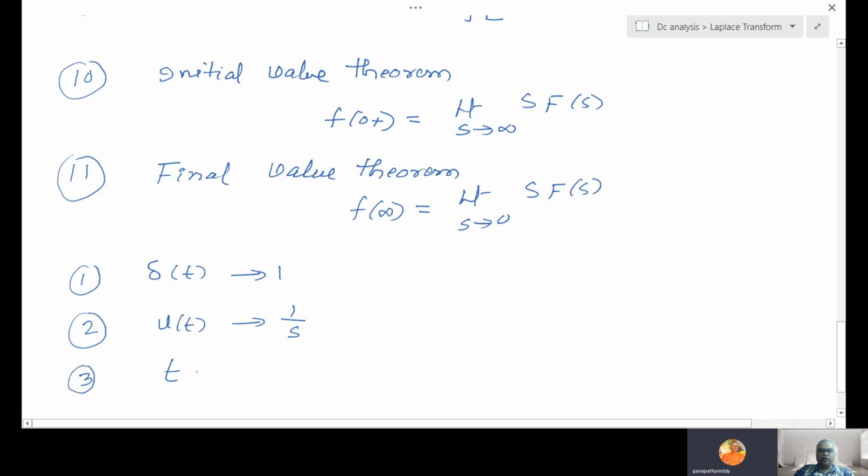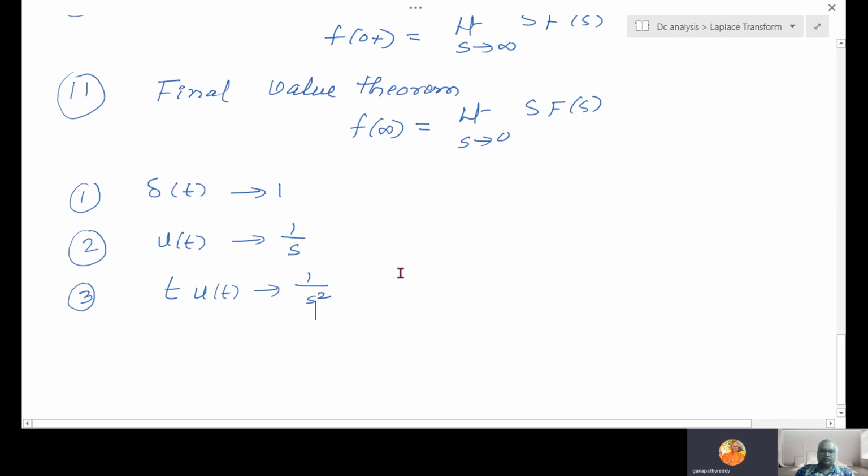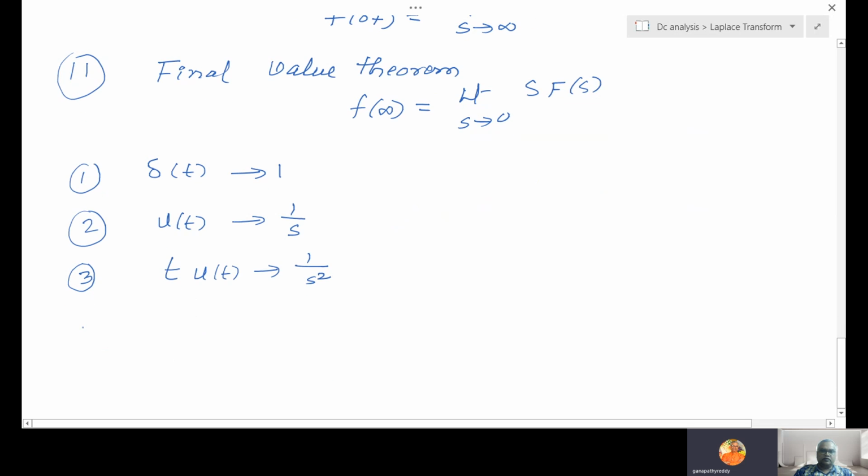Only t, that is t u of t, is 1 by s square. T to the power of n u of t is factorial n by s power n plus 1.